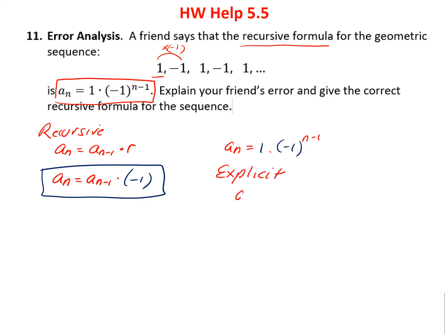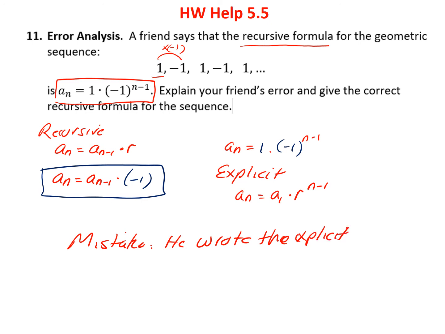You remember the explicit says that the nth term equals the first term times r to the n minus 1. So the mistake, he simply wrote the wrong formula. He wrote the explicit, not the recursive.